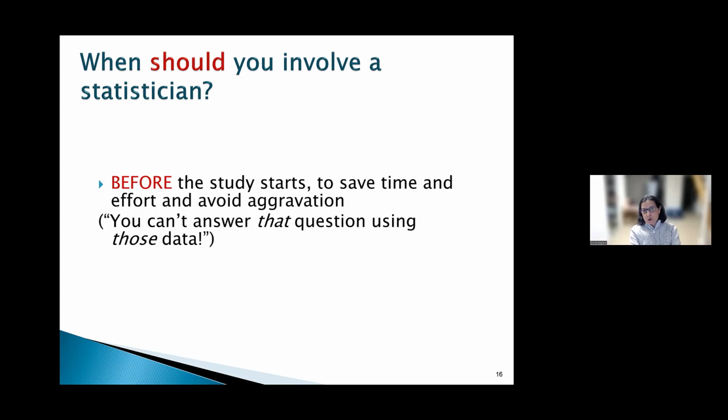We translate your main question into hypotheses that we can actually test with statistical methodology. And to do that, we need to have the right data. So the moment that we do this translation from the clinical question or the research question into the statistical question, that is the moment where we realize that you might not have the outcomes or the data that we need in order to test the particular hypothesis. So coming to us before the study starts is best.